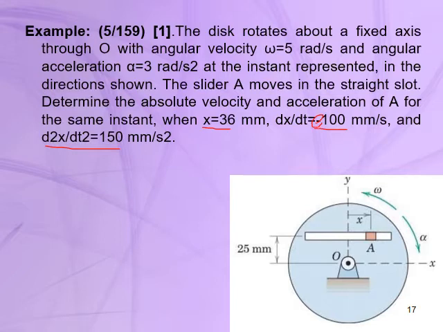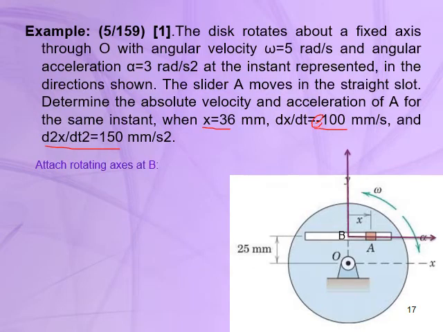Okay, so we can use the relative equations with respect to the rotating coordinate system, but first we need to obtain a relative coordinate system and a fixed coordinate system. In this problem, we can use this coordinate system.